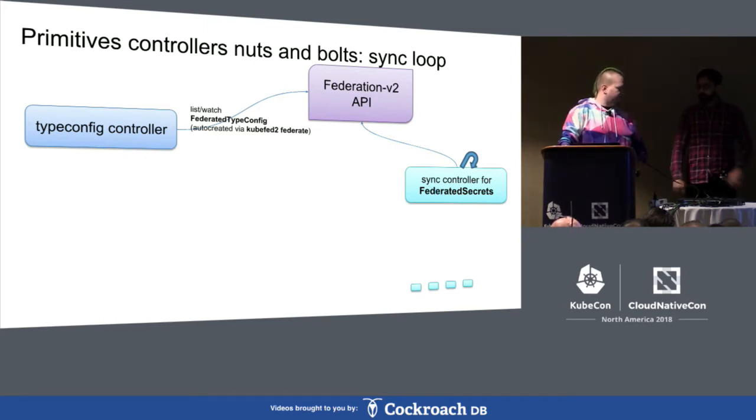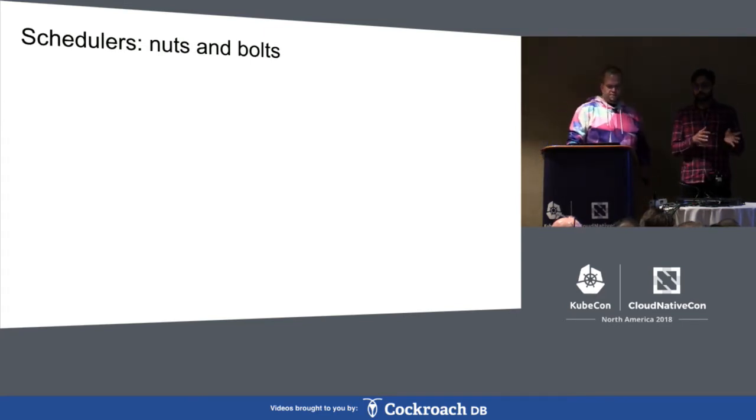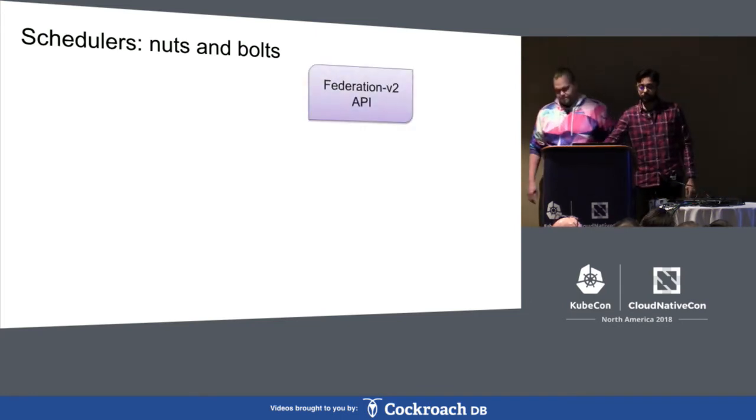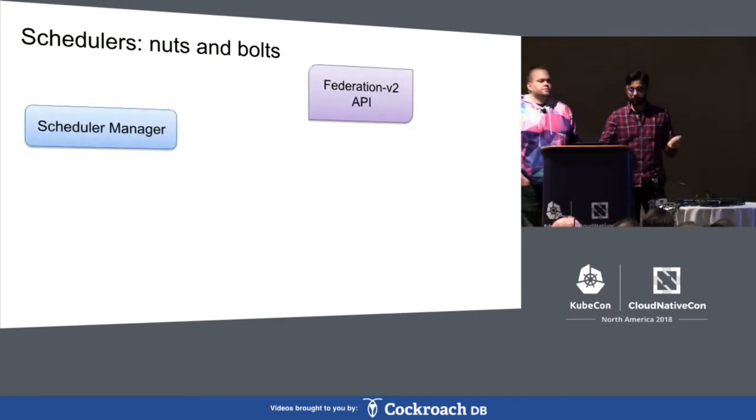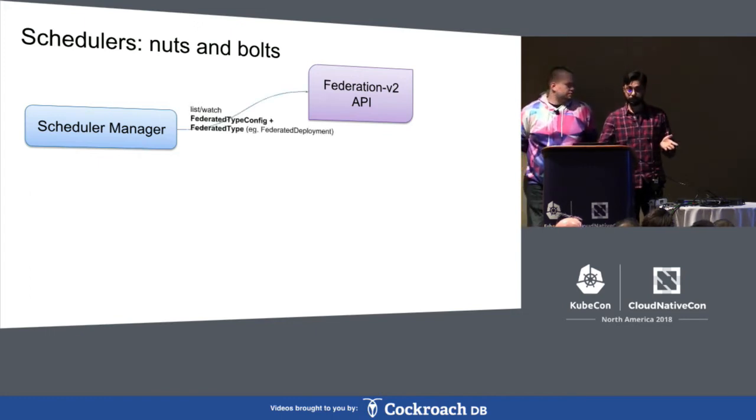You want to talk about scheduling? So the code base for schedulers is also very similar to the sync controller. So there's an API surface, and there's a scheduler manager that we call, watching similar type config for the target types. For example, we have written a scheduling controller for deployments.